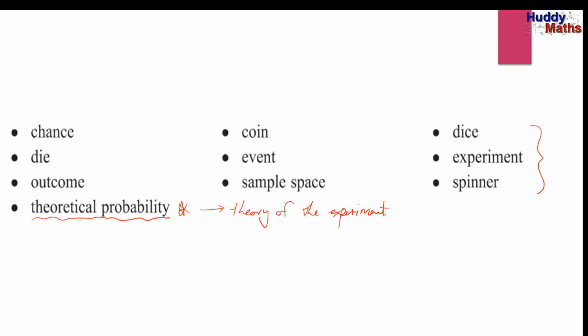Now, what's the other way of doing it? Well, the other way I did mention is experimental probability. Experimental probability. Okay, so what that means is you're actually going to do the experiment. You're going to actually toss the coin and see how many times heads or tails come up.